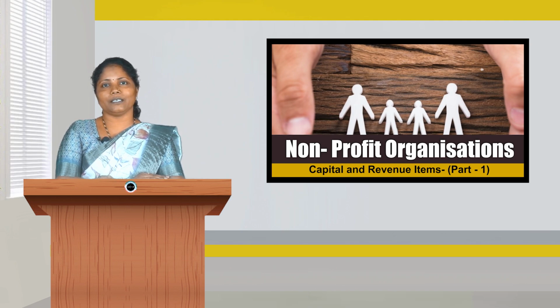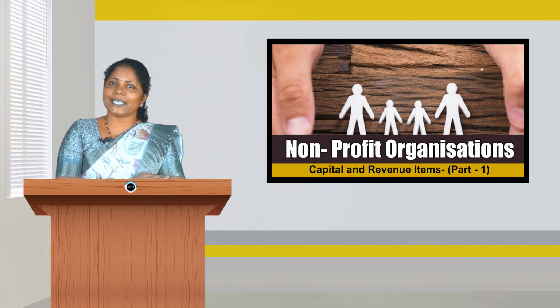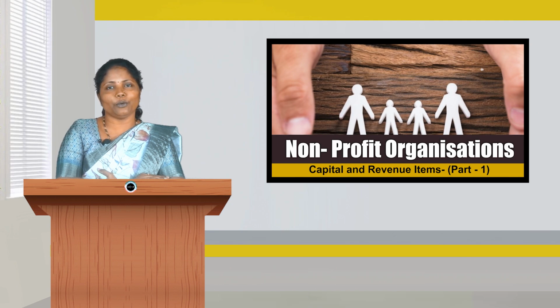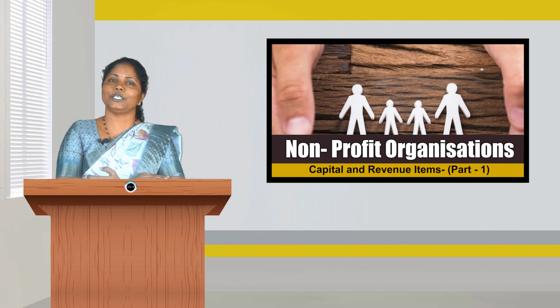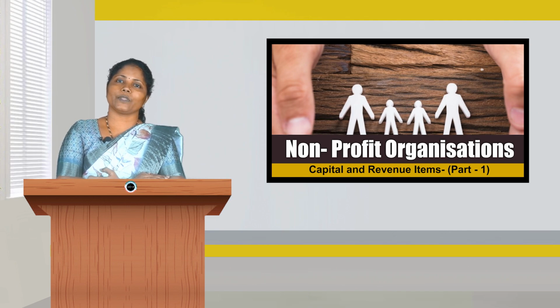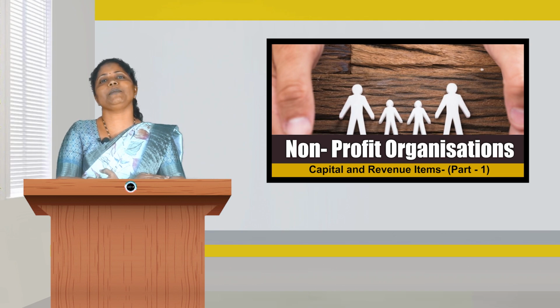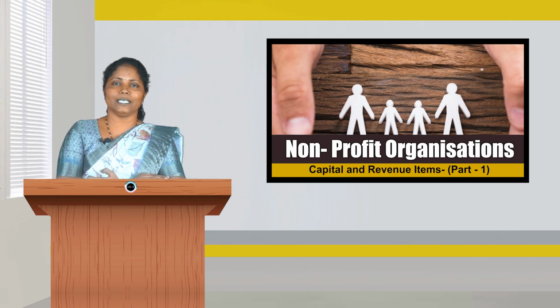See, for example, the acquisition cost of a building. It is actually capital expenditure and should be shown in the balance sheet as an asset. Instead of that, if we wrongly consider it as a revenue item and charge it to the profit and loss account, it may show a minimum profit because we are charging the cost of a fixed asset to the profit and loss account in case of a trading concern, or income and expenditure account of a non-trading concern.